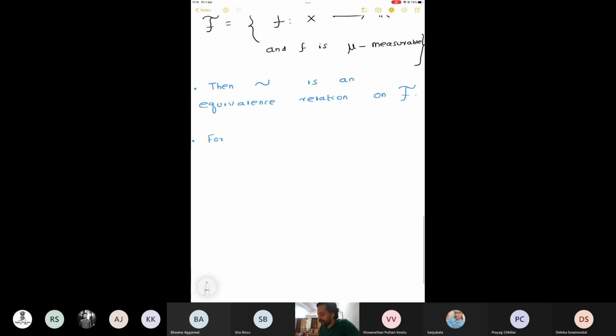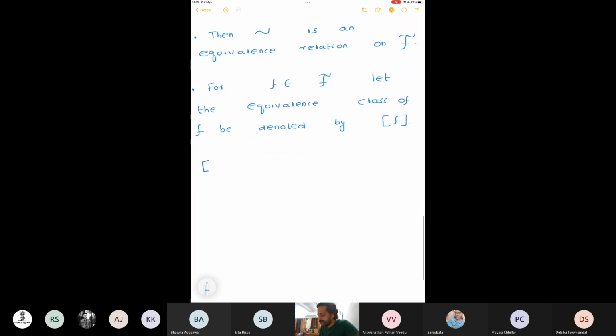For F in script F, let the equivalence class of F be denoted by bracket F. This is the usual notation we use. And what is by definition bracket F?